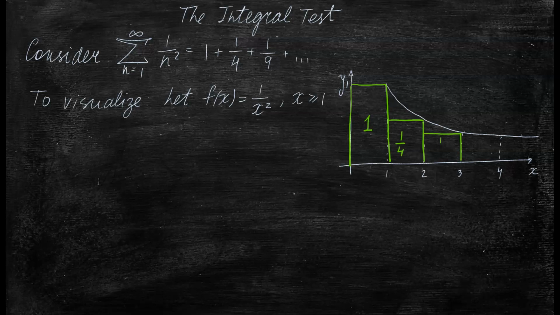So this area will be equal to 1/9, the next area will be equal to 1/16, and so forth. So this green area represents the series. So this is our series, and as you continue going to the right, we're going to get more and more of these green bars, but the total sum will represent the sum of this infinite series.